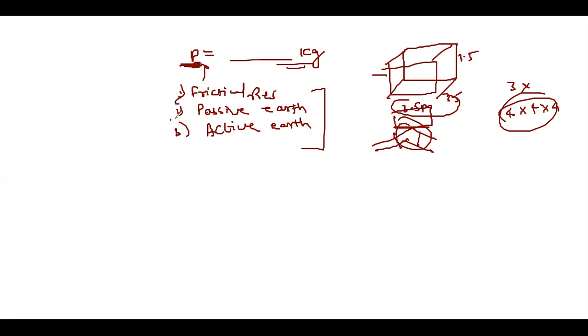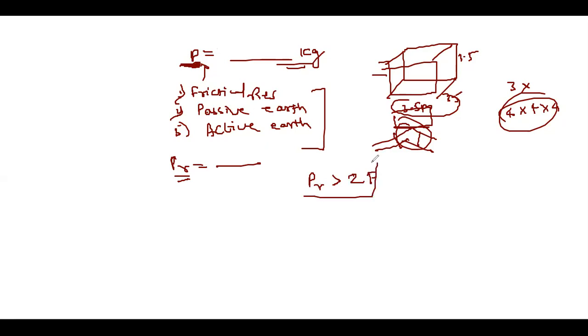After finding these three values, we add them and find out the total resistance offered by the thrust block, and we check whether this total resistance is greater than twice the horizontal thrust.